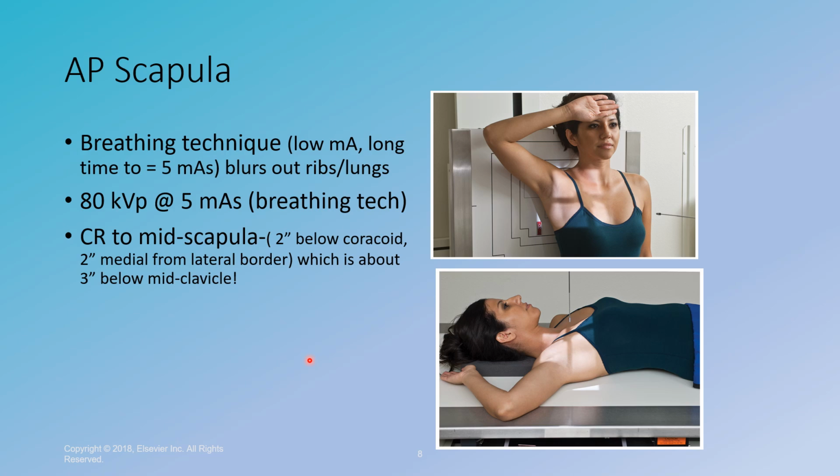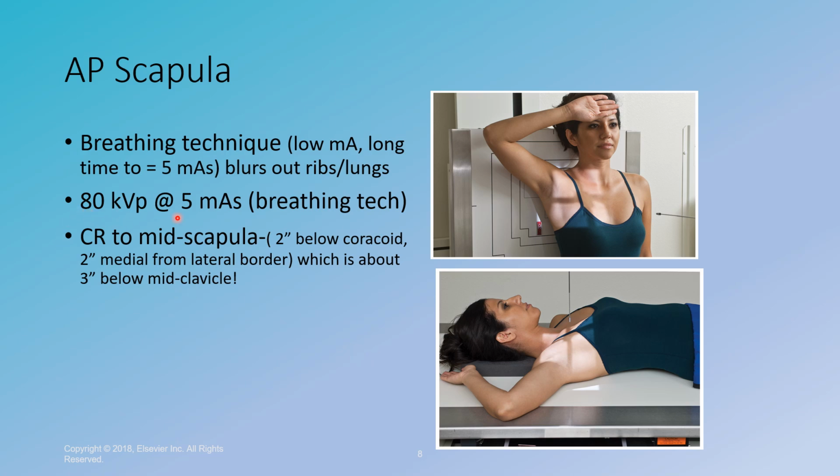And then basically what you would do is abduct the arm 90 degrees and supinate the hand. When they abduct the arm, it pulls the scapula out laterally and clears more of the thoracic structures. When they place their hand supinated on their forehead, like she has in this picture right here, or if they were lying down and they place it like that, it just pulls the scapula lateral, freer from the thoracic structure so that it's more easily visible.